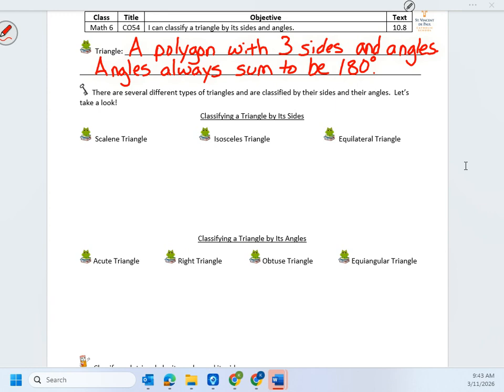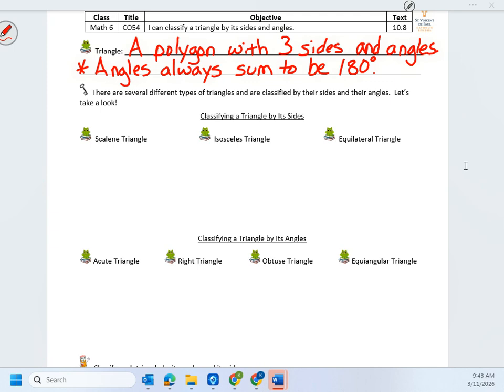Now this is important as we're working with triangles. When we add up all three angles, it will always equal 180 degrees. Doesn't matter what name we give the triangle, those angles will always add up to be 180 degrees.